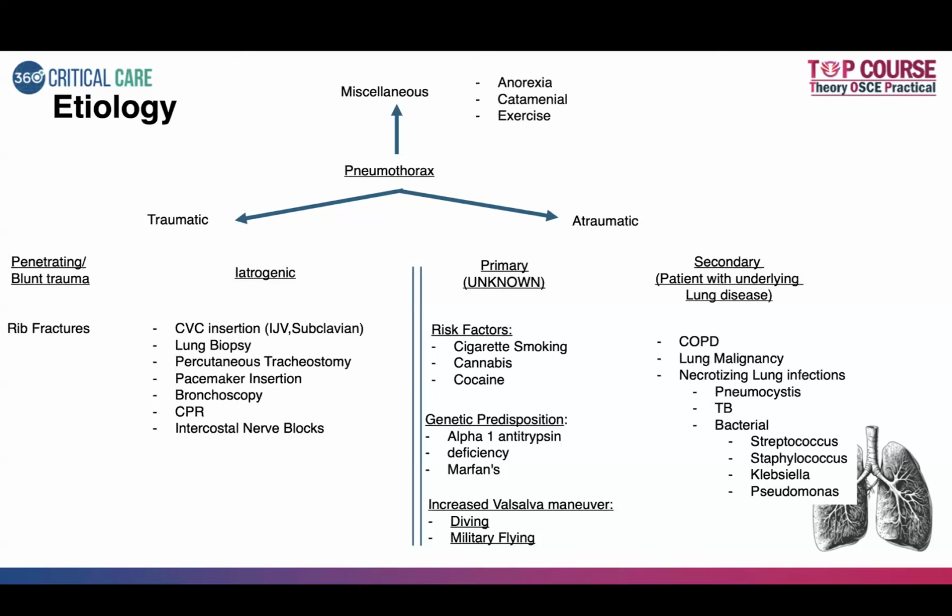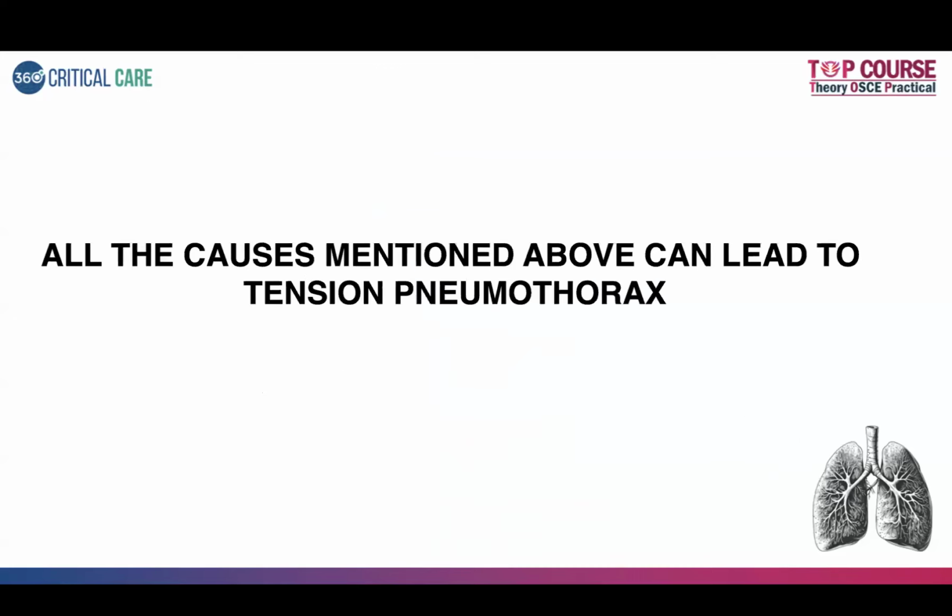Under miscellaneous causes, it can be because of anorexia, catamenial, or exercise. So this is one of the best ways of eliciting the etiologies in relation to pneumothorax. Now, the important thing to note is all the causes that I've mentioned above can lead to a tension pneumothorax.